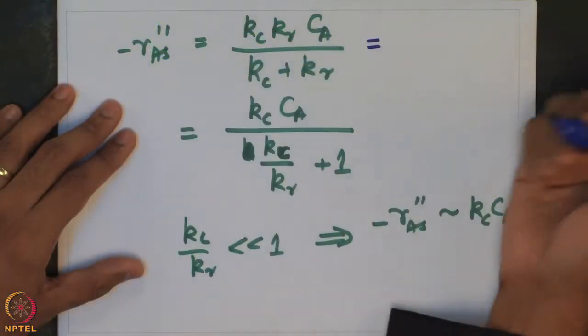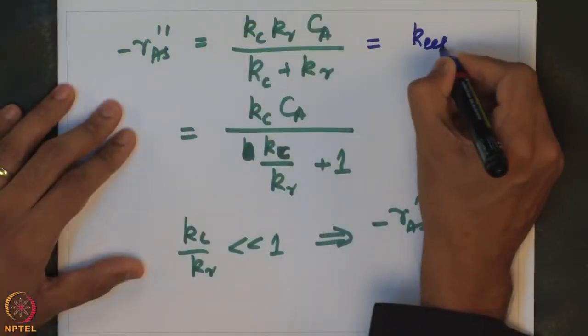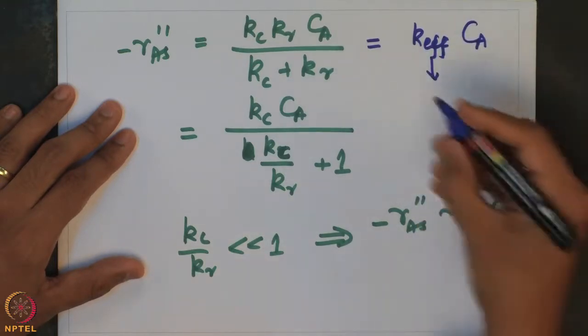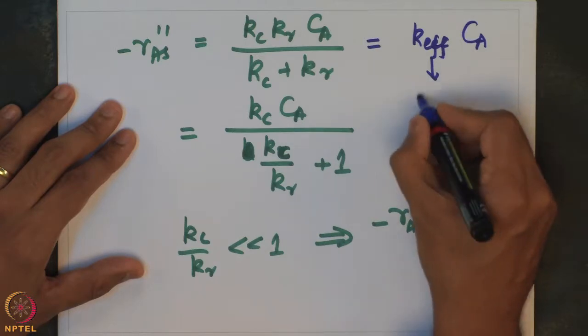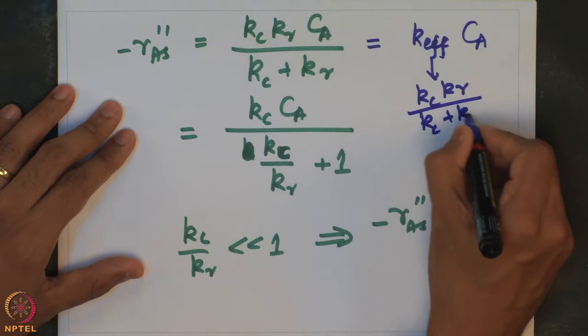Now, we can look at it in a slightly different manner. Suppose I express the overall rate at which the reaction happens. If we do not know which one is limiting, then one can write this as the effective rate constant multiplied by Ca, where the effective rate constant is equal to Kc Kr by Kc plus Kr.